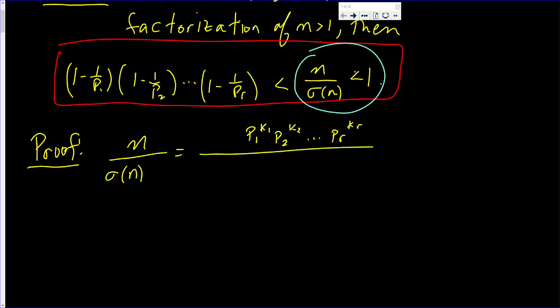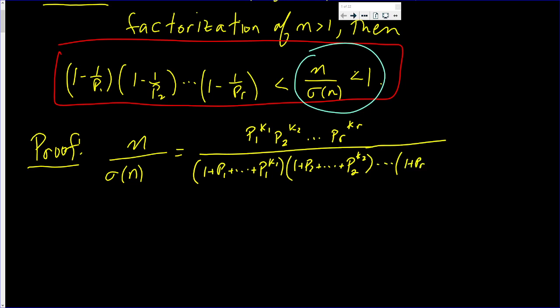This is what n is. And in the bottom, we're going to have 1 plus p1 all the way up to p1 to the k1, times 1 plus p2 plus p2 squared, etc., all the way up to p sub 2 to the k sub 2, all the way down to 1 plus p sub r plus p sub r squared plus p sub r cubed, all the way up to p sub r to the k sub r.